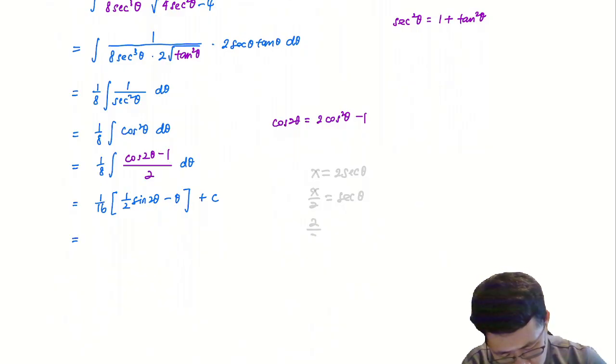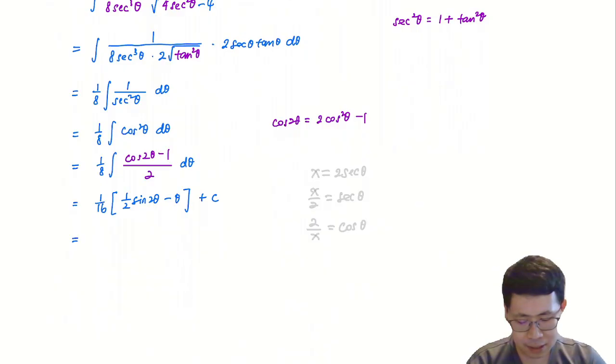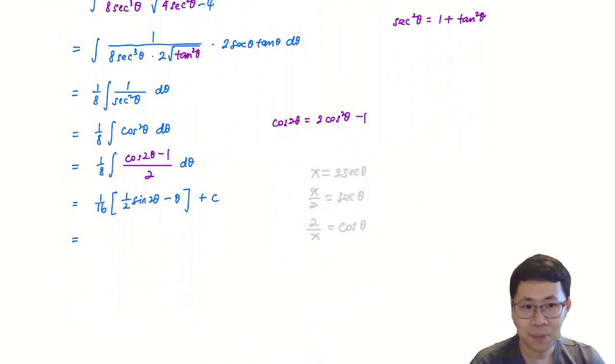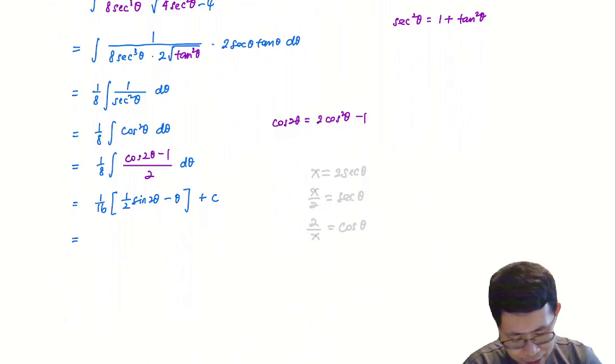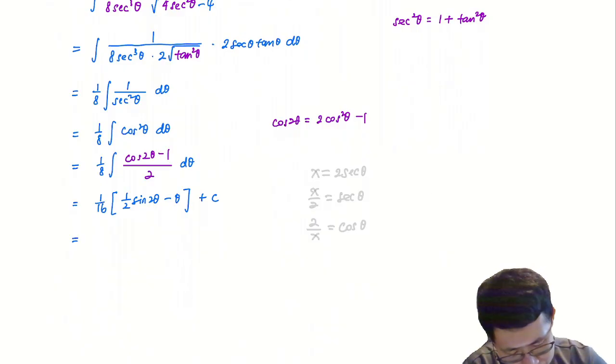Then 2 over x will be equals to cosine theta. So this is the first thing that we need to take note. Okay, right? And then more or less, we will need to construct a right angle triangle using this information over here. Okay, so the right angle triangle would be as such.